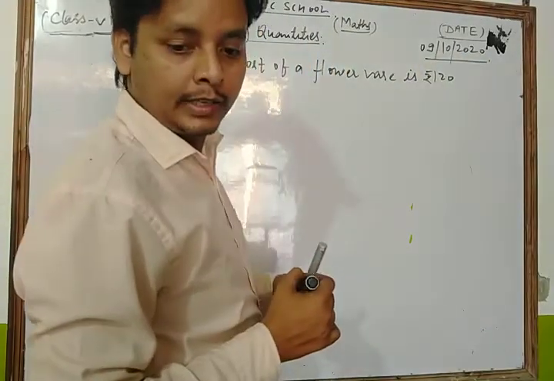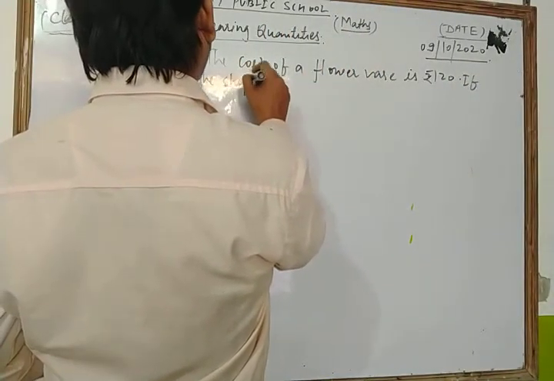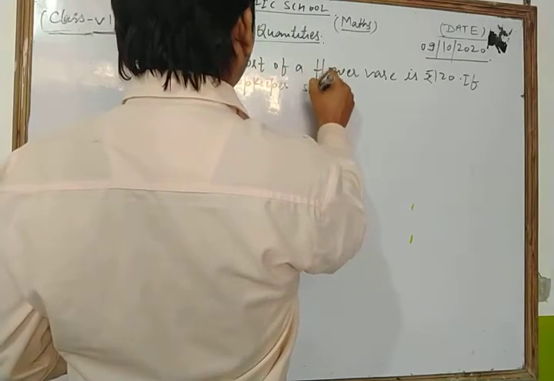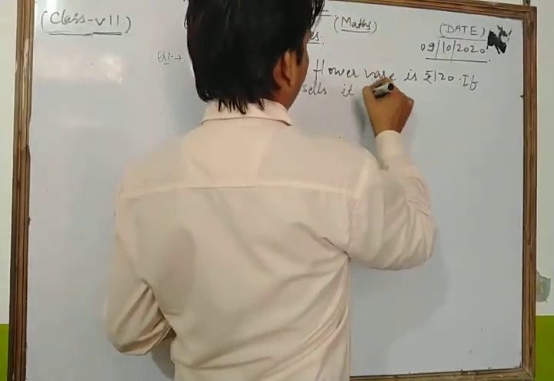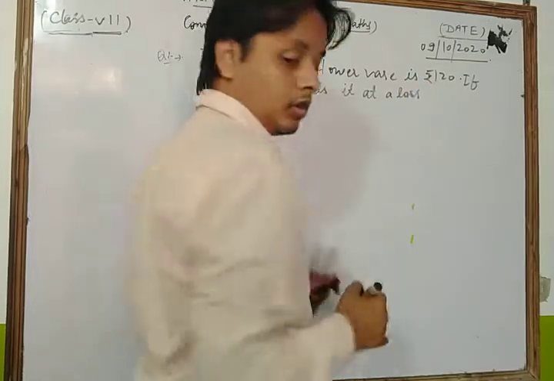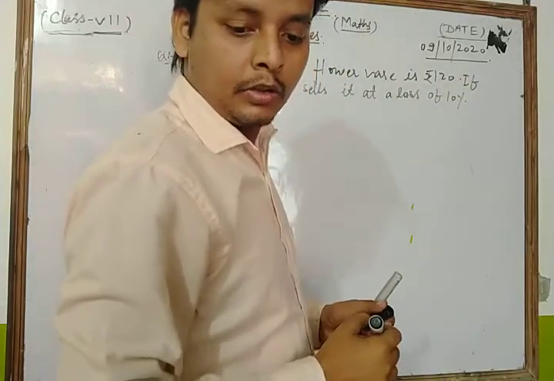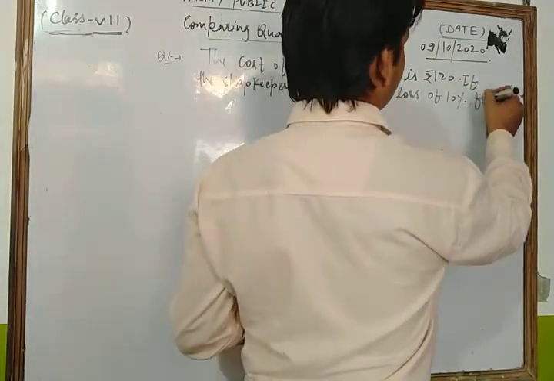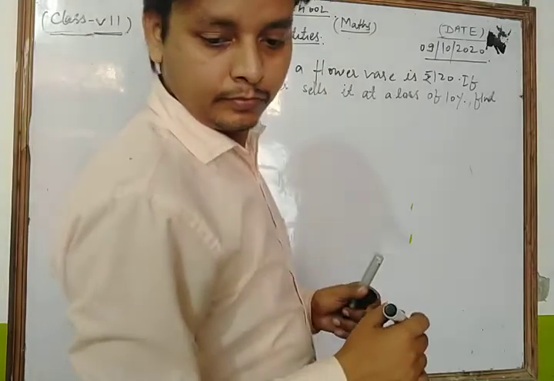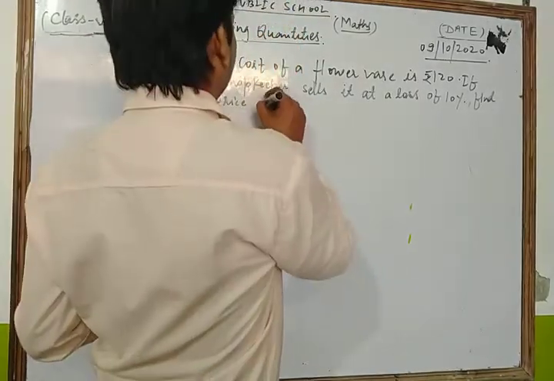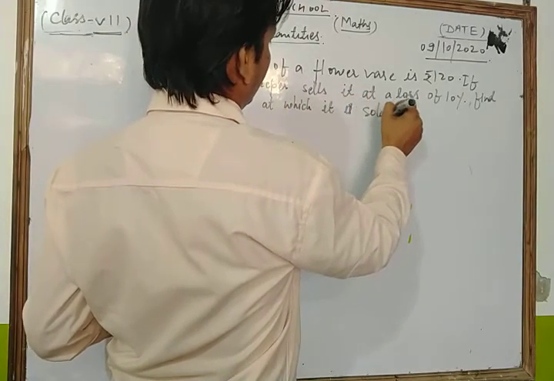If the shopkeeper sells it at a loss of 10%, find the price at which it is sold.